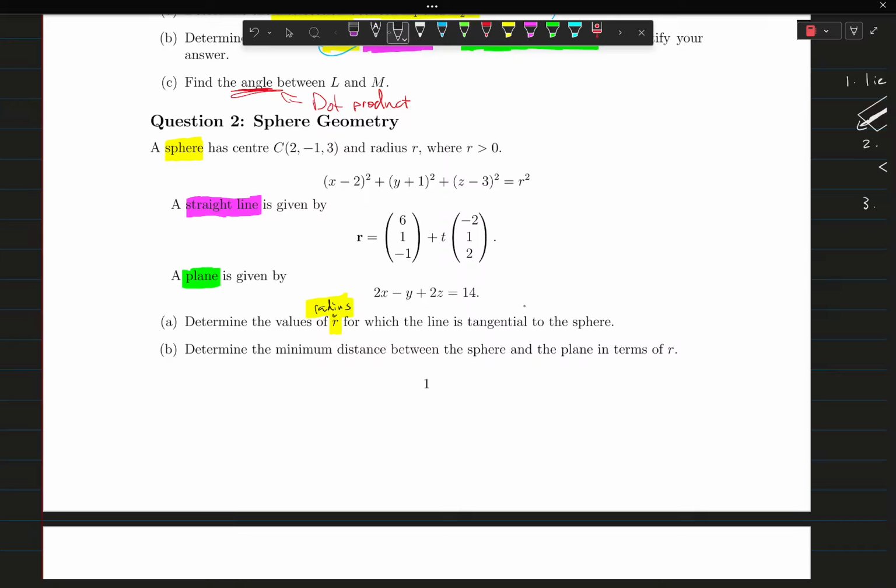And what tangential means is that it not only touches the sphere, but it's at 90 degrees to the radius. Yeah, it intersects once.